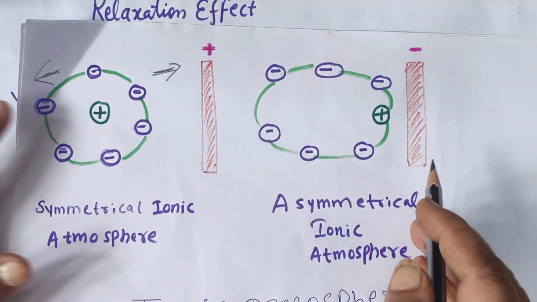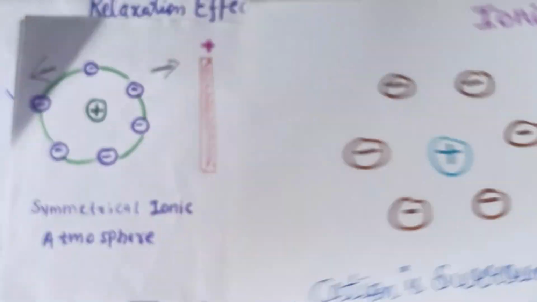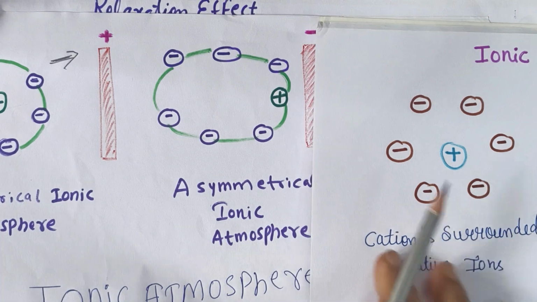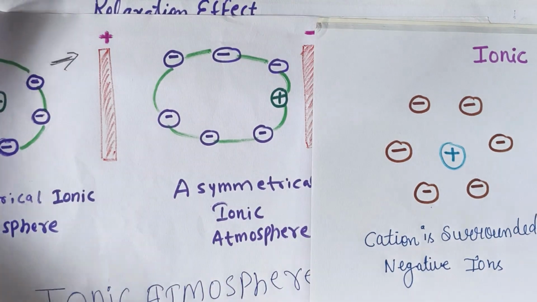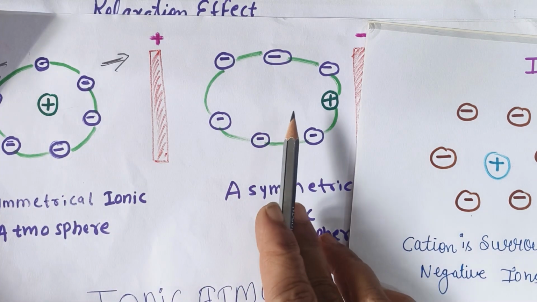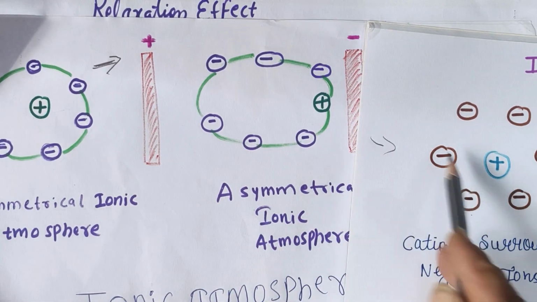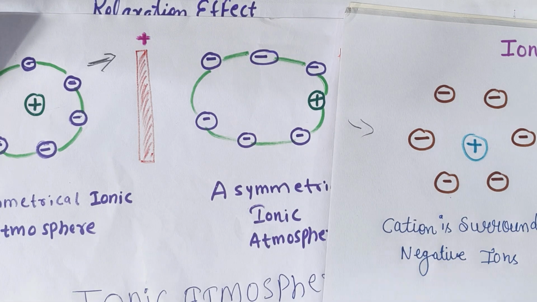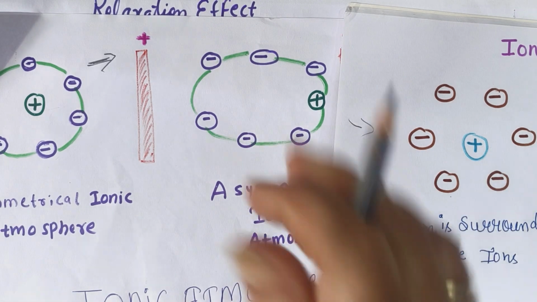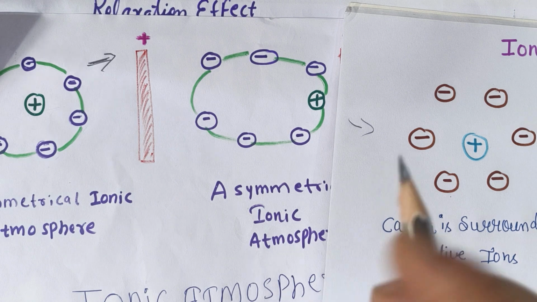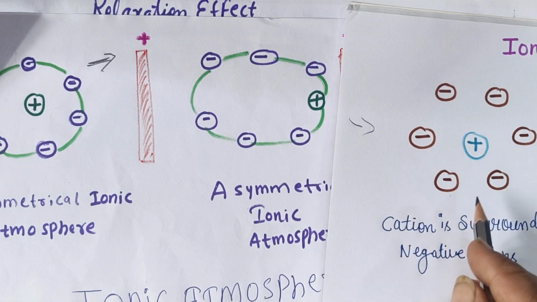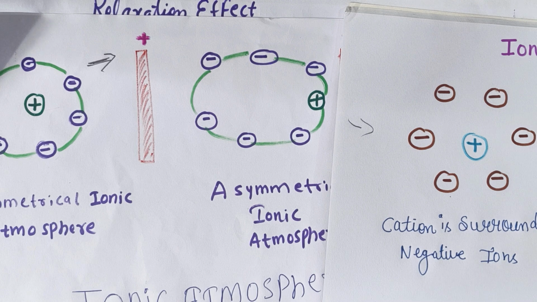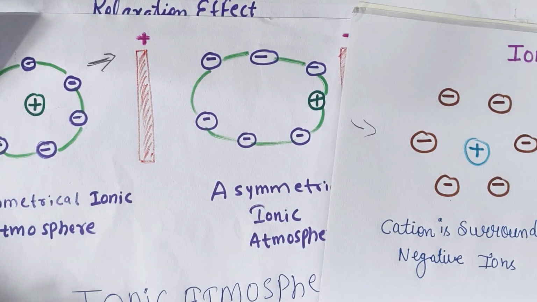To form a new ionic atmosphere again will take time. First it was symmetrical, then it got disturbed, and again we have to form the symmetrical ionic atmosphere. So the relaxation effect is the time lag taken to form the symmetrical ionic atmosphere again. In other words, the decay of the ionic atmosphere takes a long time and its formation also takes time.